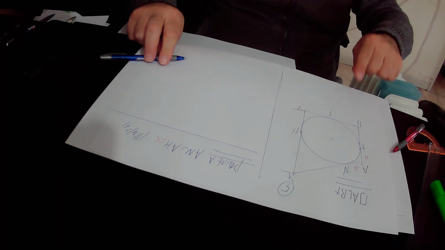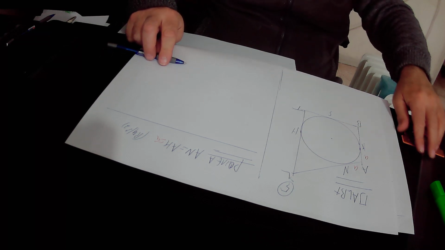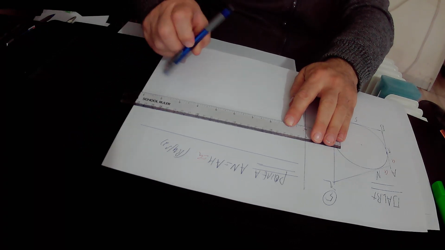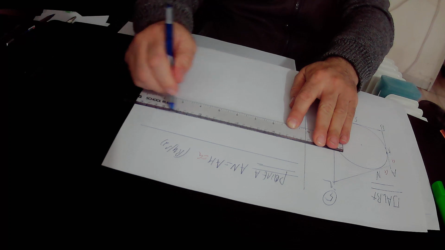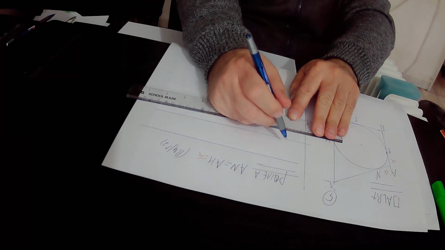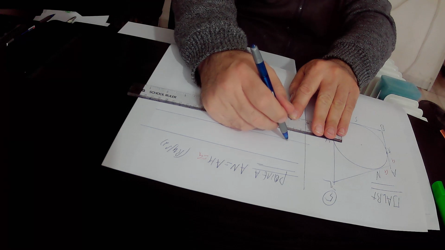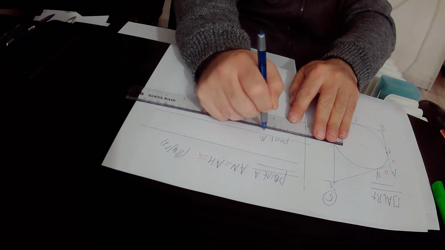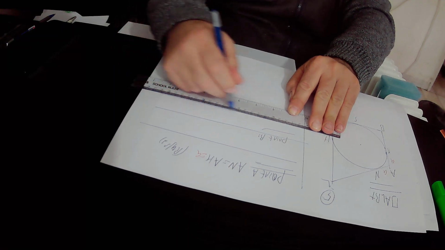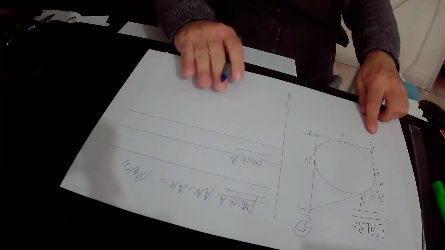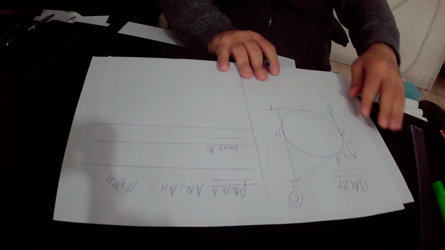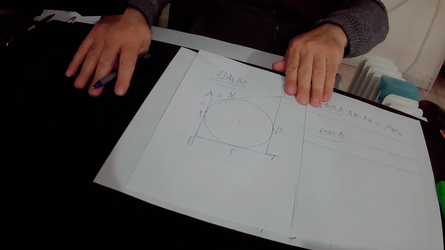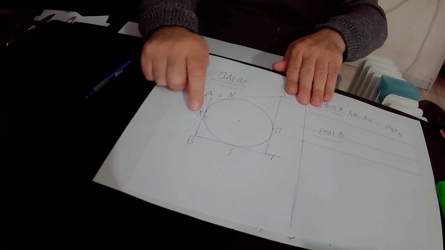In the next step, we'll focus on the common external point B. From point B, we have two tangents to this circle, tangent BK and tangent BS.